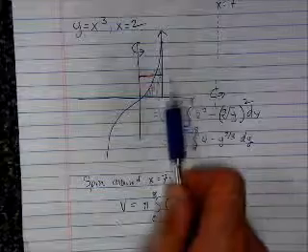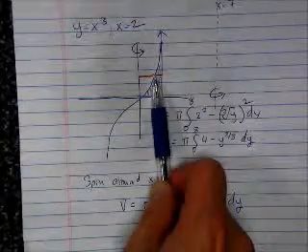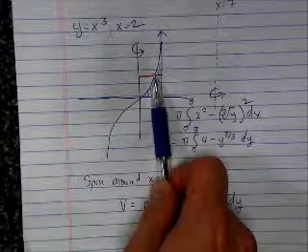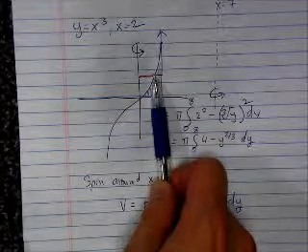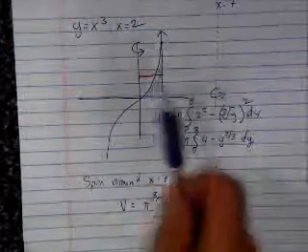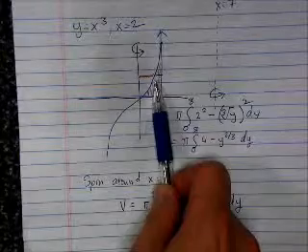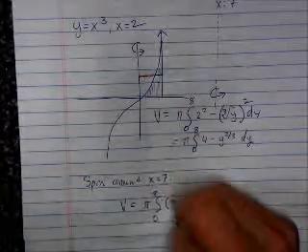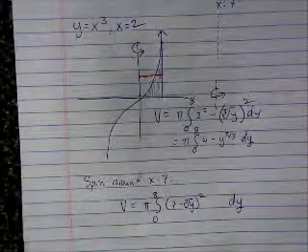So 5 is our short distance. We need to go from here to there. 7 minus x cubed. 7 minus, you can't use x cubed. Cube root of y. 7 minus cube root of y would be that length. It's always going to be the right hand end minus the left hand end. So that's 7 minus cube root of y. That's the big radius.